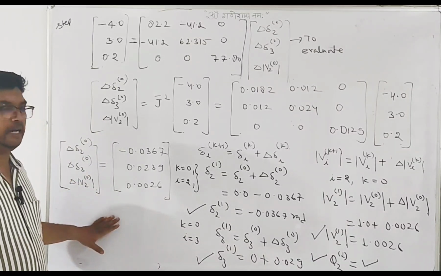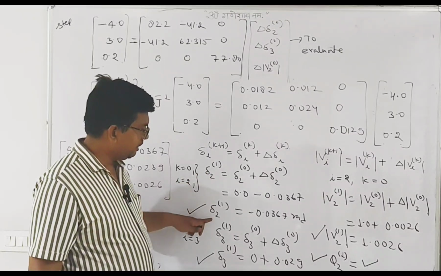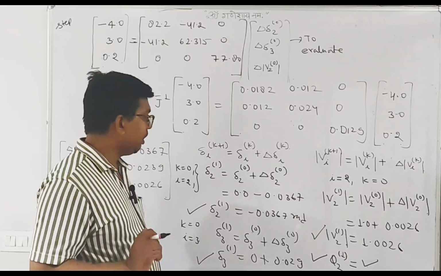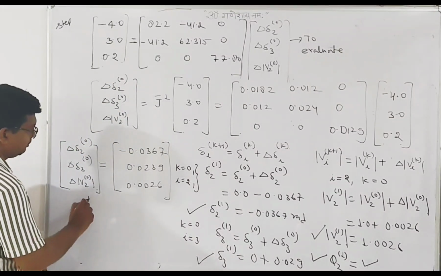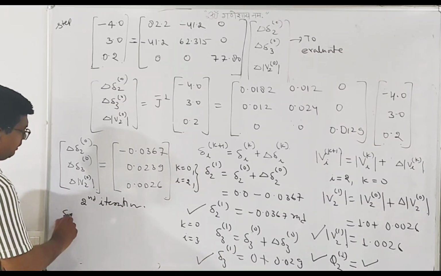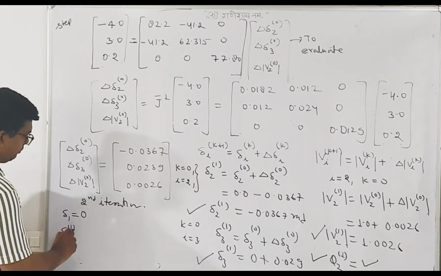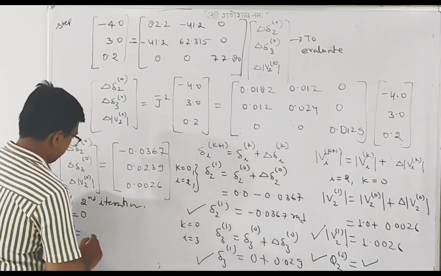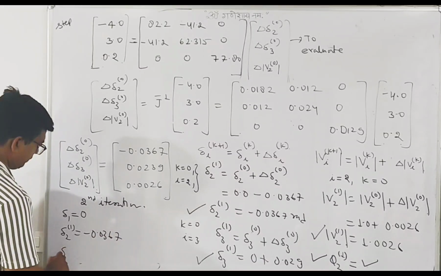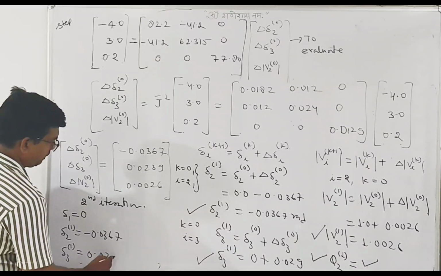The important thing is that earlier, delta 1, delta 2 and delta 3 were all 0. Now in the second iteration, mind it carefully, only delta 1 will be 0, while delta 2 will be this value, minus 0.0367, and delta 3 1 will be 0.0239.